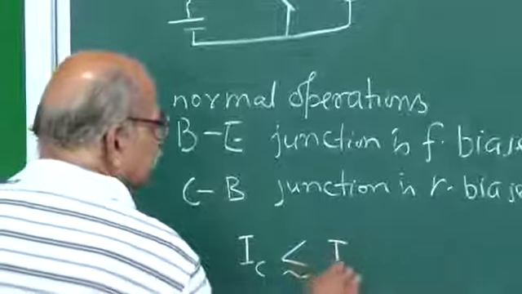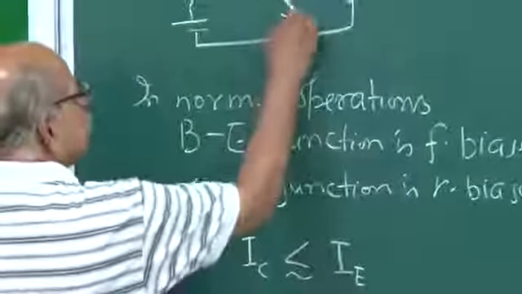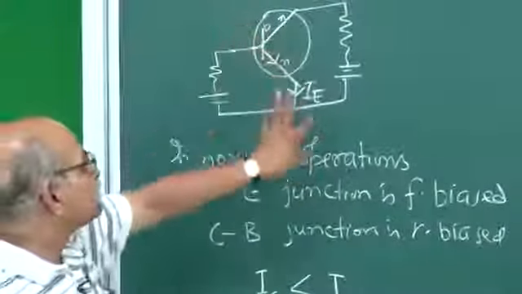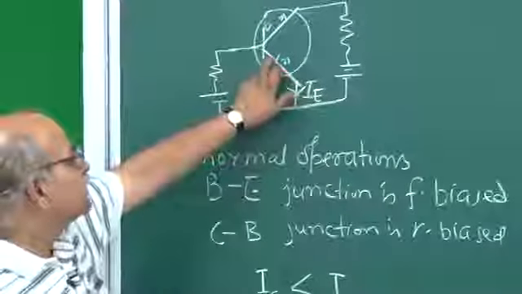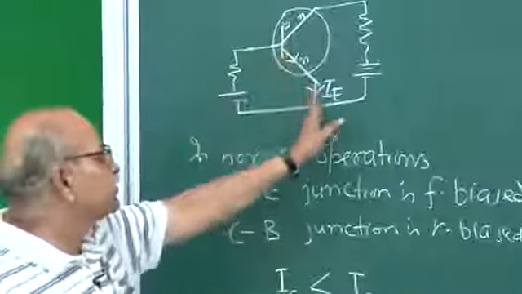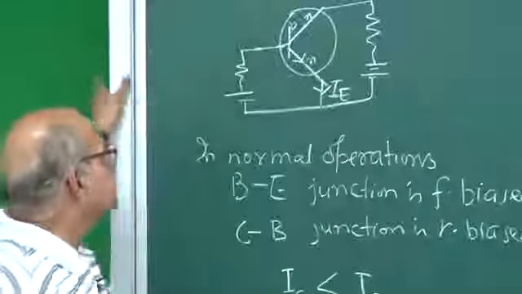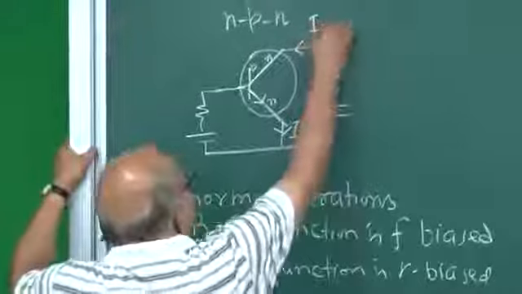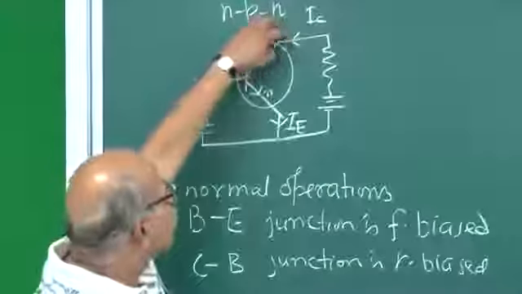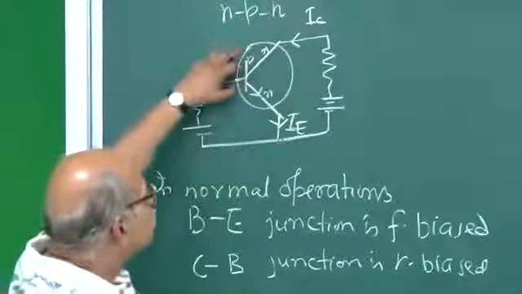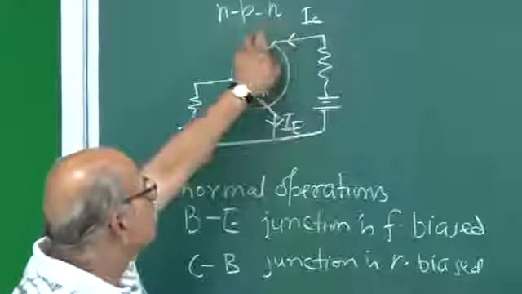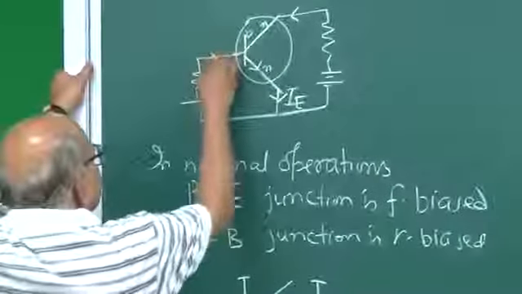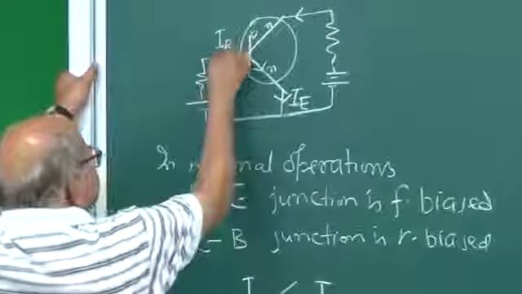The currents are, this is IE, that corresponds to the number of electrons which are being injected from this N side to this P side. So, electrons are going this way, and therefore, the current is this way. Then this is IC, because the electrons are being attracted by this reverse bias, and so electrons are going this way, and so the current is this way, and the electrons which are going in this direction constitute this current IB.